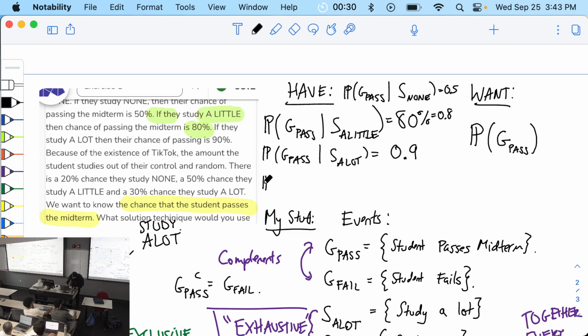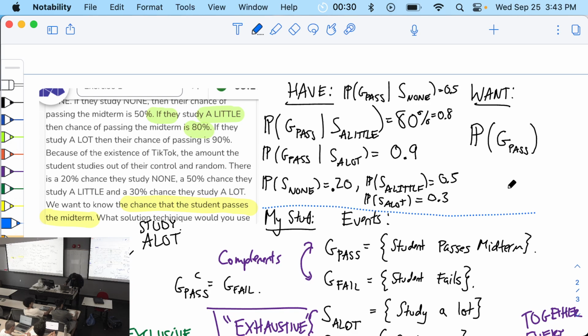So the probability of S none is 0.2, P of S a little was 0.5, and P of S a lot was 0.3. So these were the things that were given in the problem.